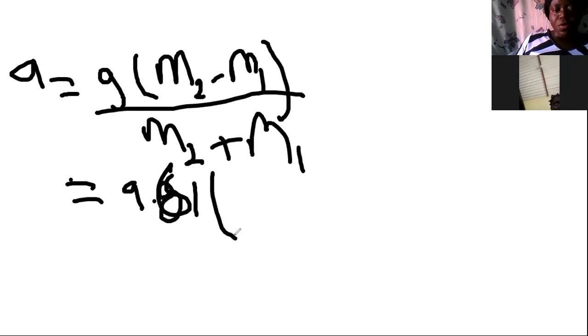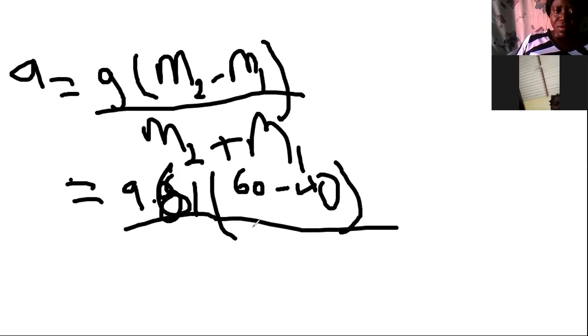Our M2 we have 60. We subtract 40. Then we divide this by M2, which is 60, plus 40.